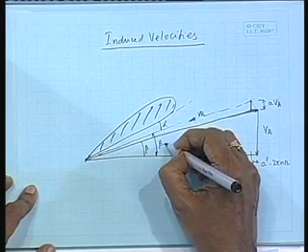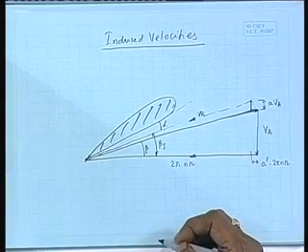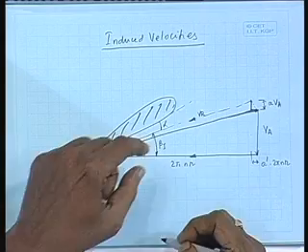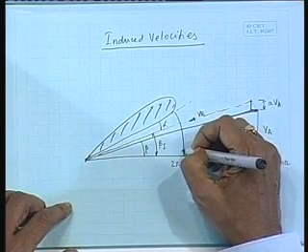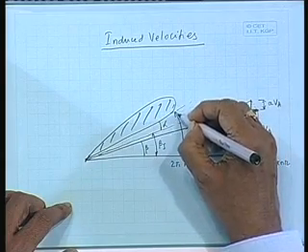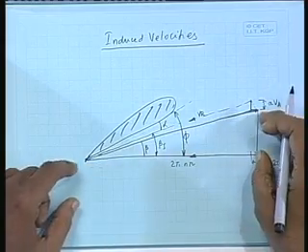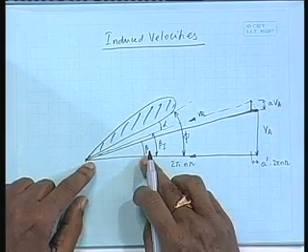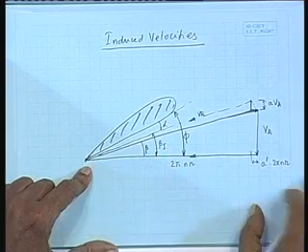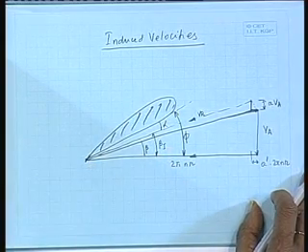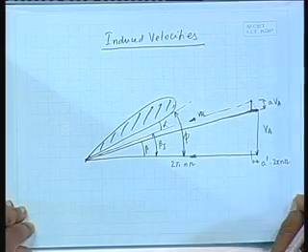We will call it beta I. Not pitch angle, pitch angle is this phi. The angle due to the rotational and axial velocities, which was beta earlier, changes to beta I. Have you understood this?